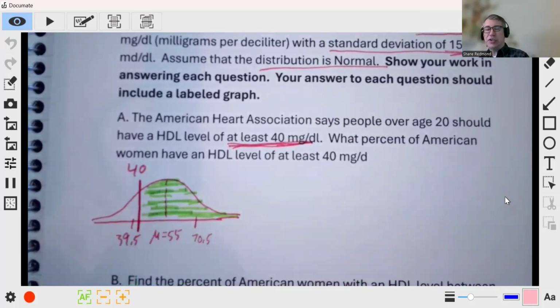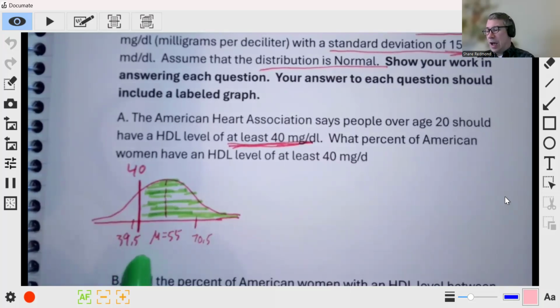So this is the shape of the graph. One reason we ask you to draw these graphs is to help you get an idea of the shape of this region, because the area of this region is the answer to this question. What proportion or percent of data falls within this region here?